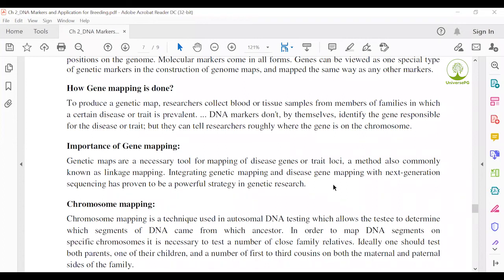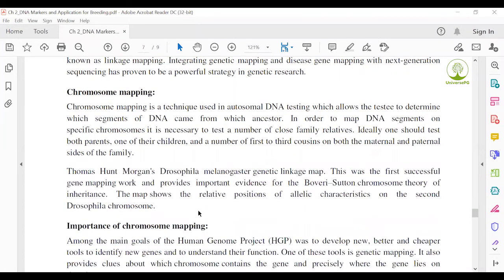So we use gene mapping for the detection of any abnormal gene in a chromosome or a specific locus, or for the isolation and screening of a specific gene. Next, chromosome mapping.